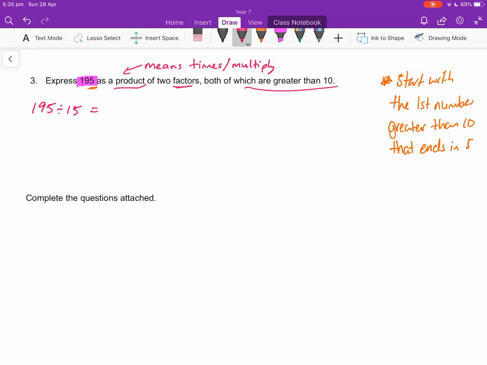And if we do this, we actually get 13. Okay, so there's two numbers that are factors of 195 that we've discovered that are both greater than 10. Right, so 15 and 13 are our two factors today.